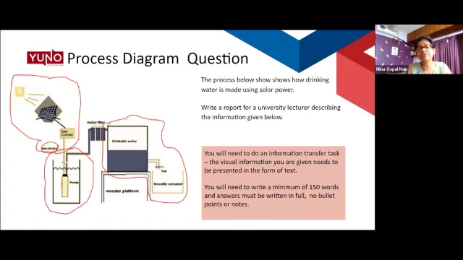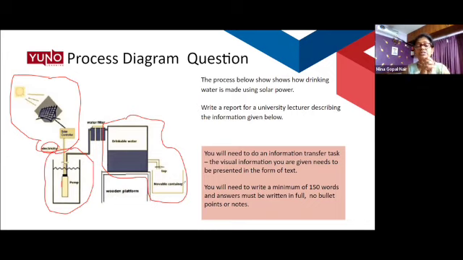Once it passes through the filter, it is purified and becomes fit for drinking. It's collected in a tank, and as and when it is required, it is collected in movable containers. These movable containers go to the end user, the customers or the consumers of the water.